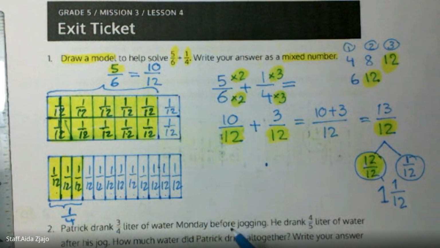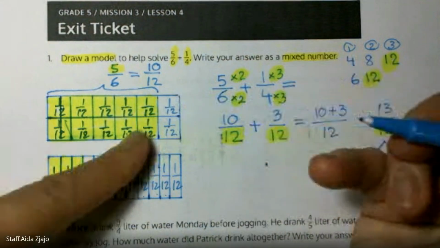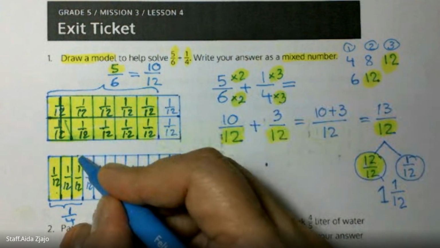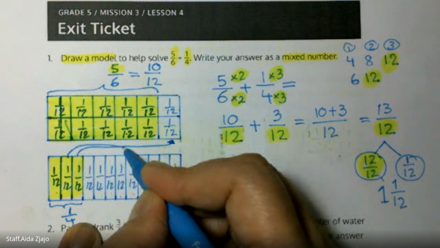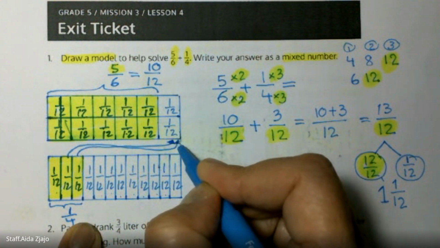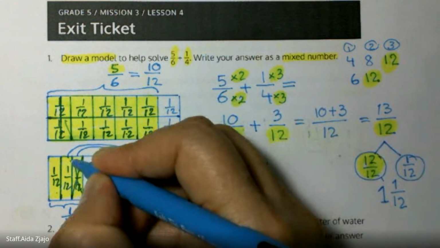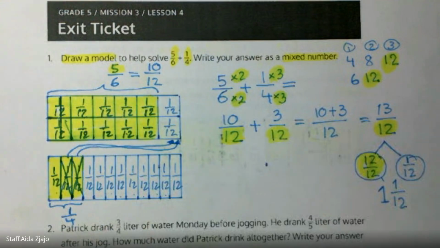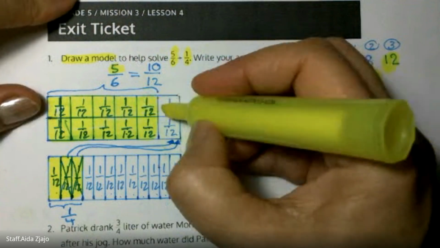Okay, so what that means, if I take this, I can show you, like here is missing 2 twelfths, correct? These two I can move over here. So I can move this one and this one, and they will fit in this. So this is going to be now full.